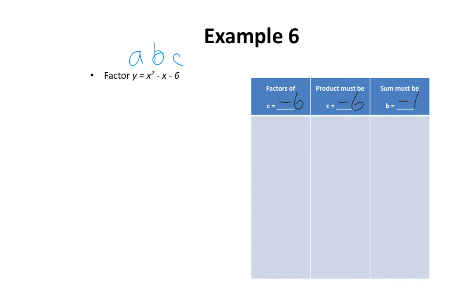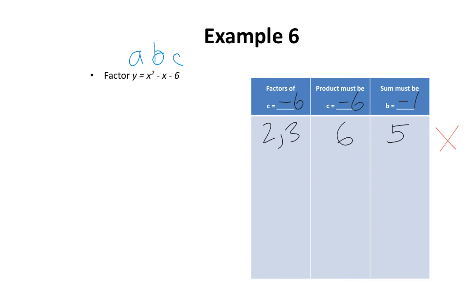All right, well, let's think of the factors of 6 or negative 6, if that makes it easier. Let's start with the easiest thing. Let's start with maybe 2 and 3. Well, 2 times 3 is positive 6, and 2 plus 3 is positive 5. Immediately, you know that that does not work, so let's move on.